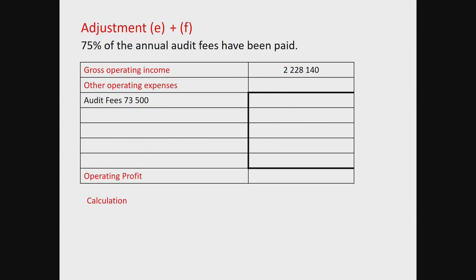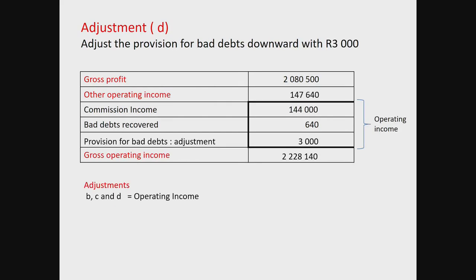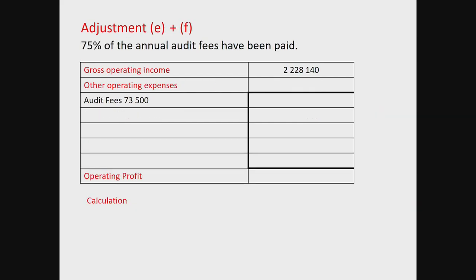So what do we have on the screen in front of us now? We have the answer of the gross income, which was on the screen before that, which is the last line. So now it will be the operating expenses section.